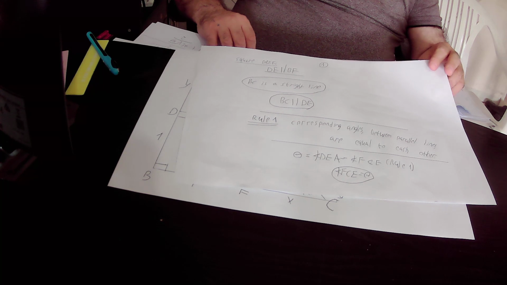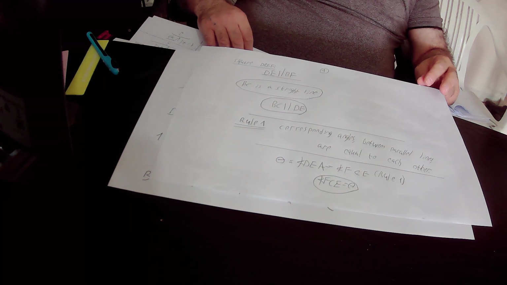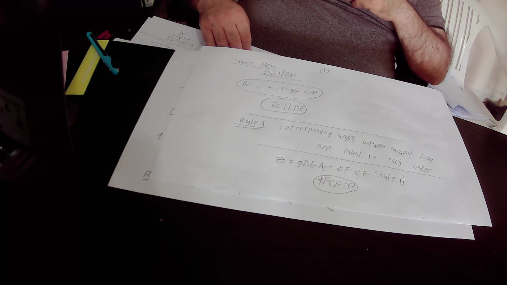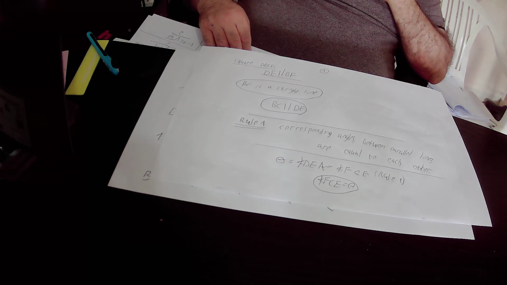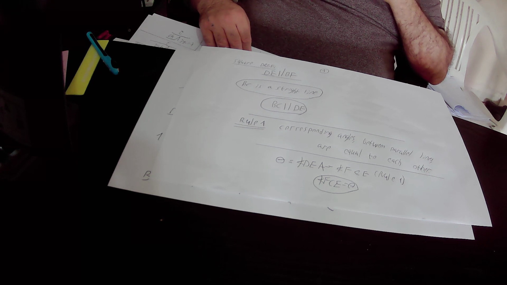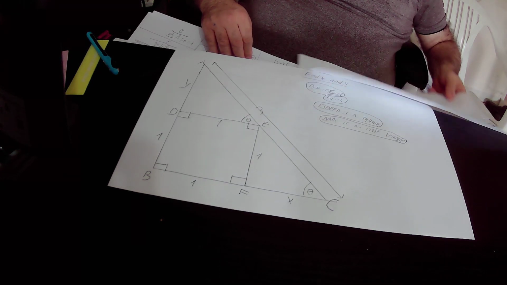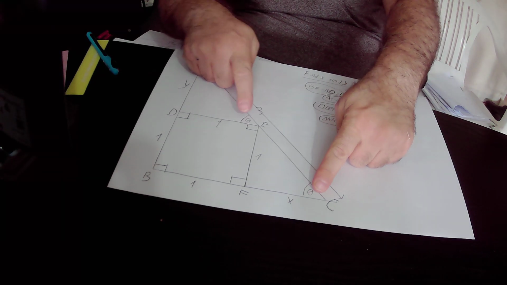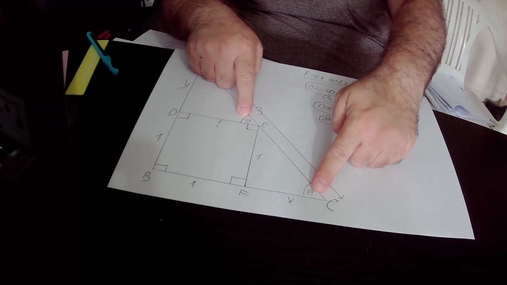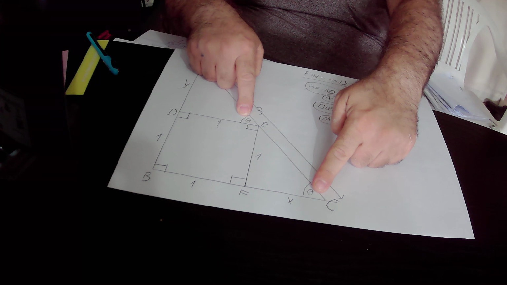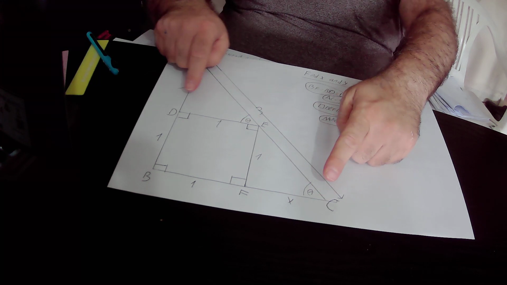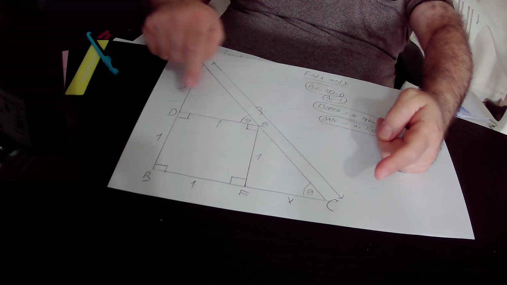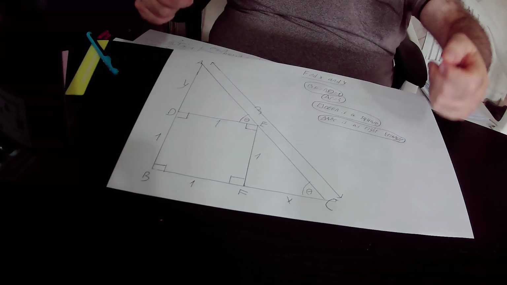And we also have rule number 1. According to rule number 1, corresponding angles between parallel lines are equal to each other. Those two angles are defined as corresponding angles, and they are located between the parallel lines DE and BC. We know that DE is parallel to BC.